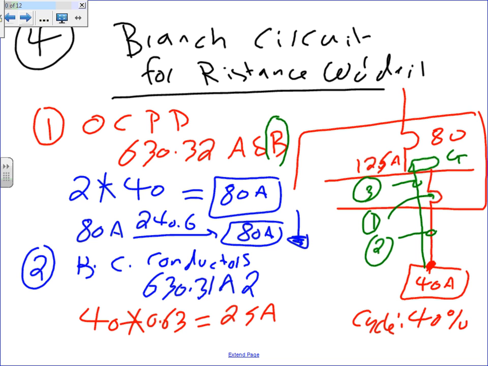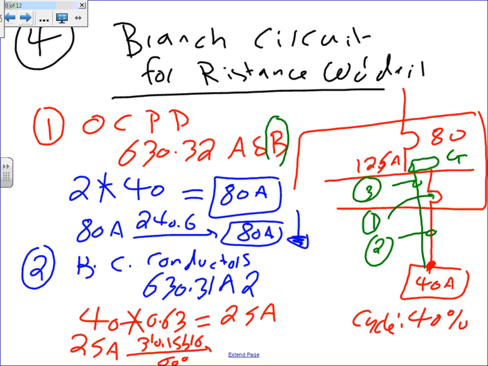25 amps. Now let's do the same sizing. We're going to go 25 amps. Take this one to 310.15 B16 under 60-degree column, because I don't know better for these welders. We're sizing them under 60-degree column. If you know the termination is 75, you size based on 75. What do you get, Chris?